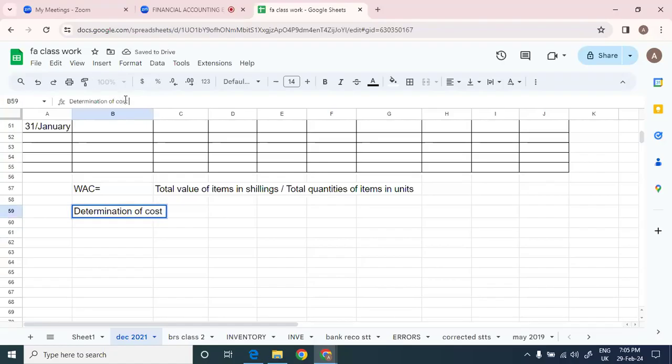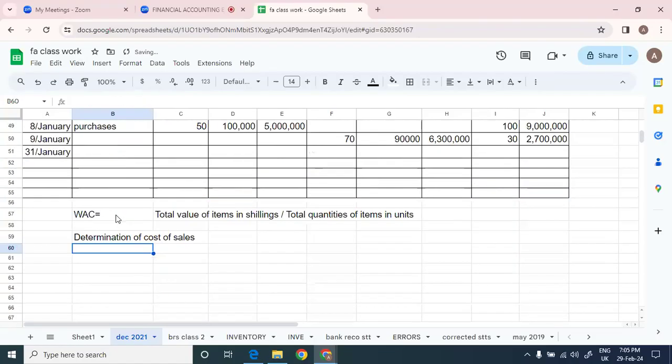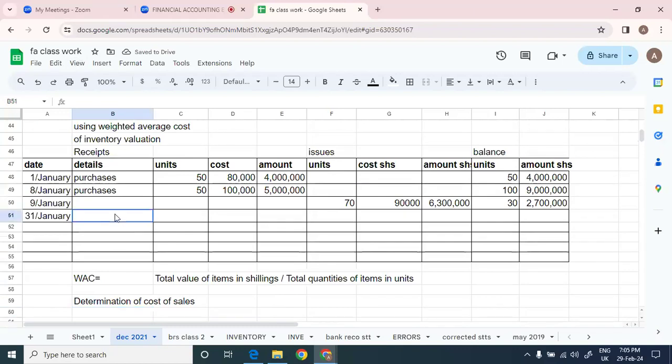Okay, we've not yet got the totals here. Let's get them. My totals here is this plus this, which is 100.